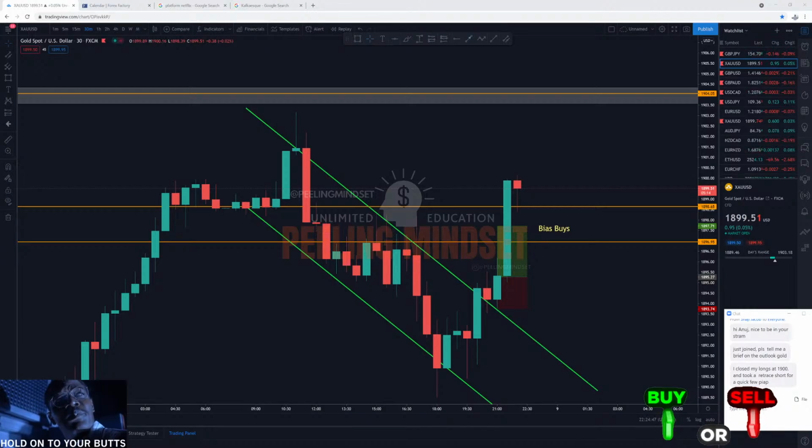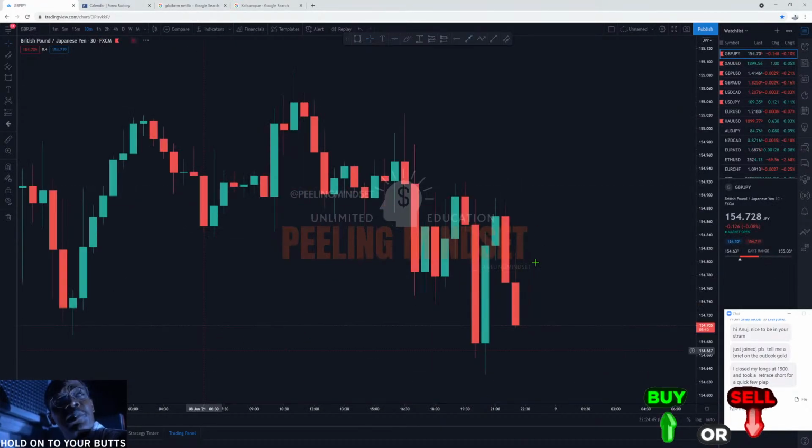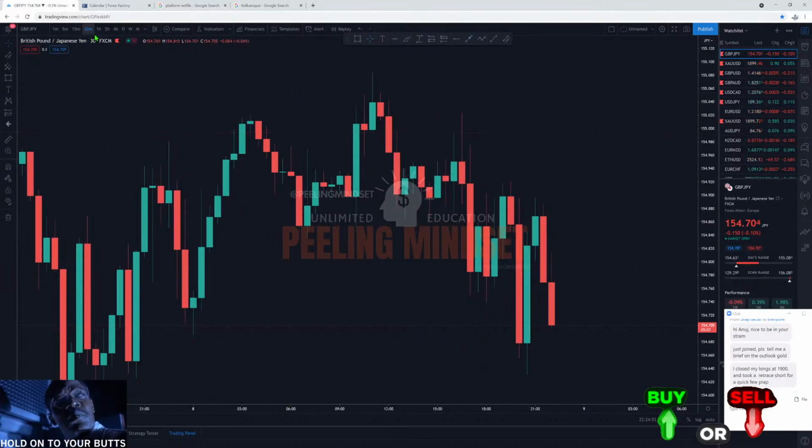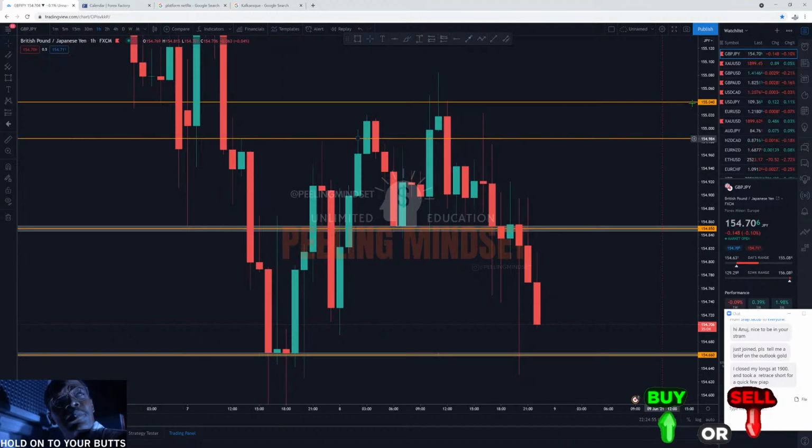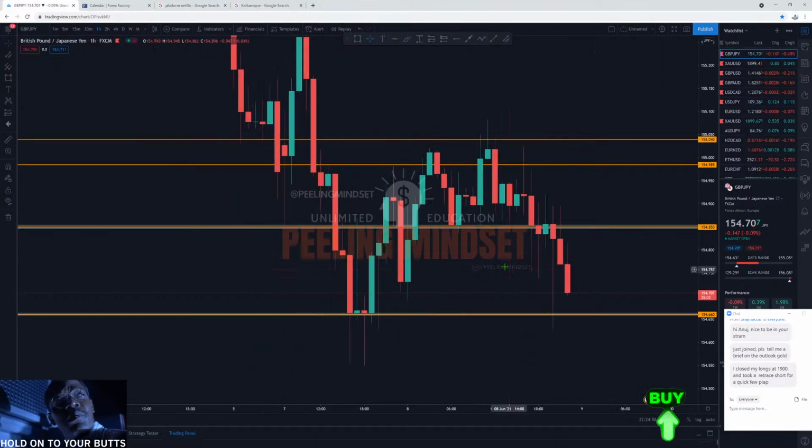Amazing. And it looks like pound yen has actually dropped down here. We also talked about the technical aspect of how pound yen could move down, and it did move down.